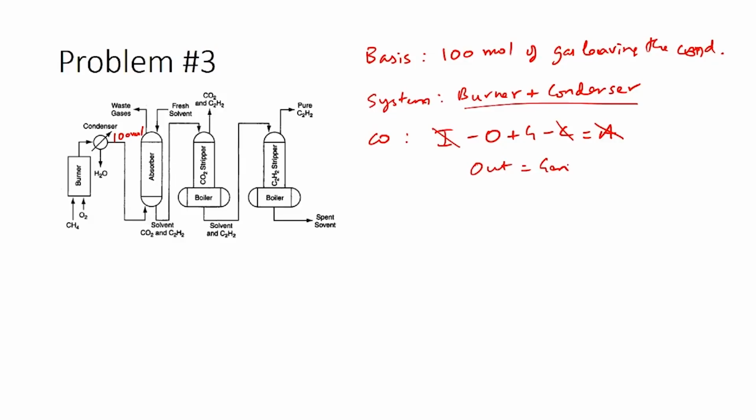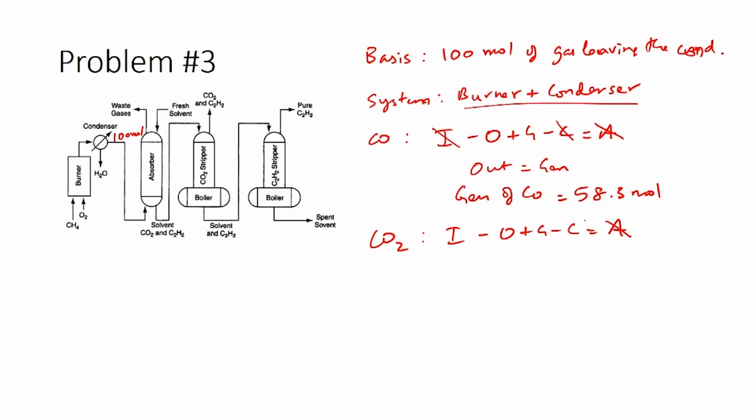So, we know that the composition of the stream has 58.3% CO. So, the output contains 58.3 moles of carbon monoxide. So, generation of carbon monoxide would be 58.3 moles. Similarly, we can write a balance equation for carbon dioxide, again input minus output plus generation minus consumption equals accumulation.